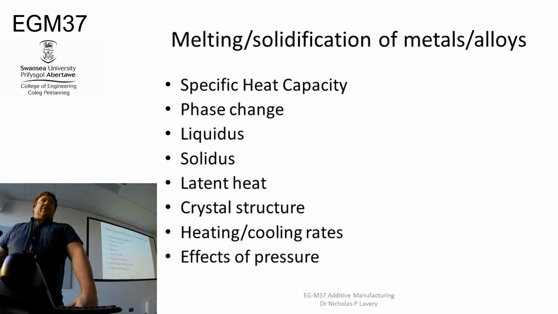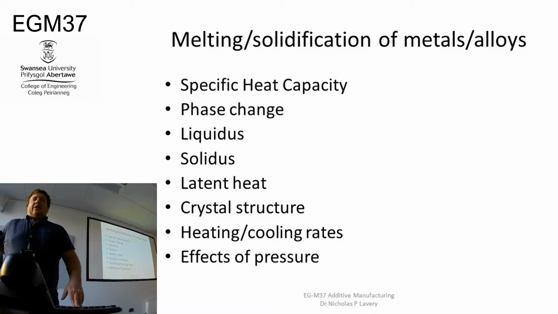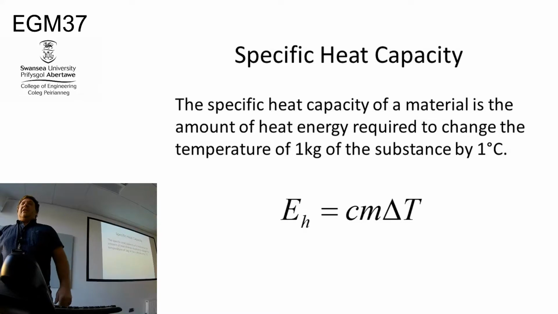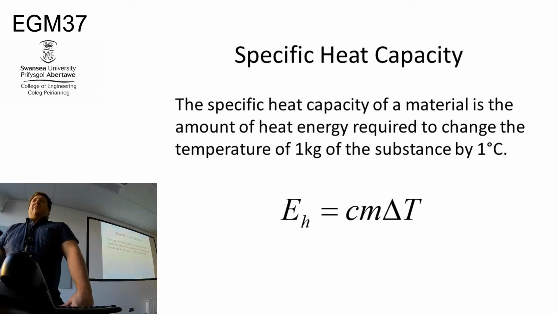But we'll talk about the crystal structure of metals as well, which is very important in terms of their mechanical properties. And a lot of these are dependent on heating and cooling. So specific heat capacity is the amount of heat required to change the temperature of 1 kilo of a substance by 1 degree Celsius, standard thermodynamics.